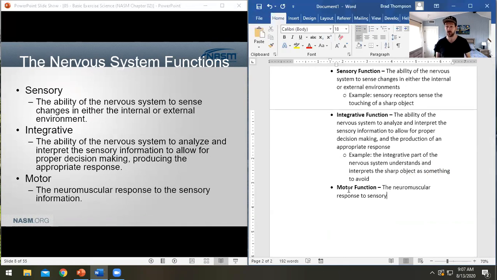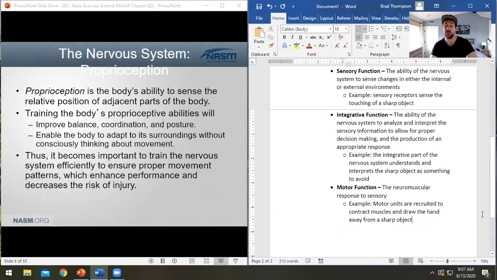Your nervous system can't contract. So it has to outsource the moving part to your muscular system and say, okay, muscular system, let's recruit that bicep and squeeze that arm away. Motor units are recruited to contract muscles and draw the hand away from a sharp object. So those are three of our main things.